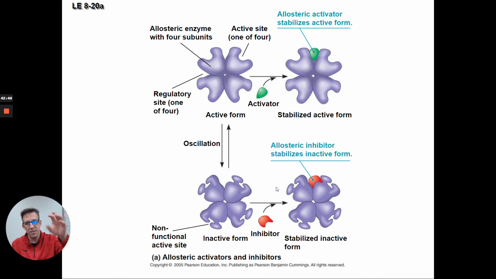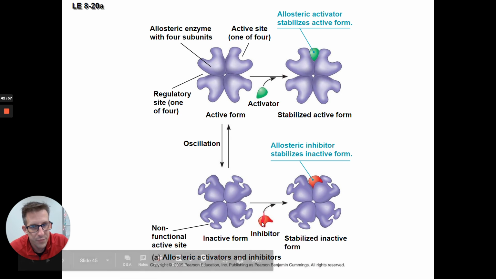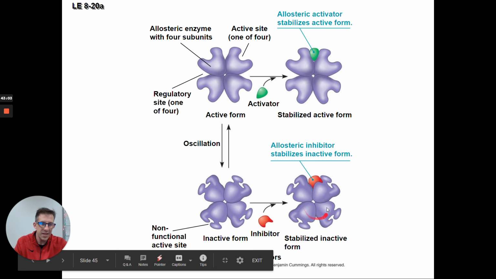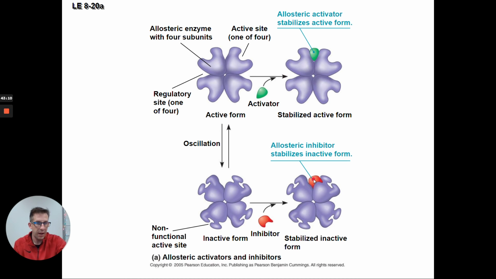Here the active sites are open for the activator, and here the active sites are closed for the inhibitor, and it locks it into place as we see right here. So as this thing oscillates, this little molecule finds its way right in here, whoosh, sticks right in there, and it locks this inactive form so that nothing can actually be created, okay? So that's how allosteric regulation happens.